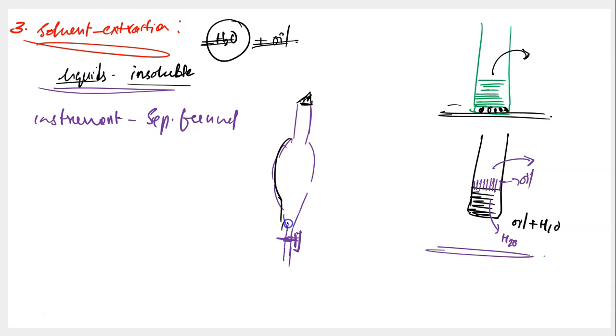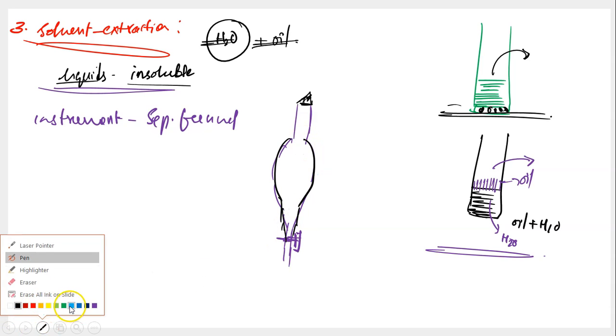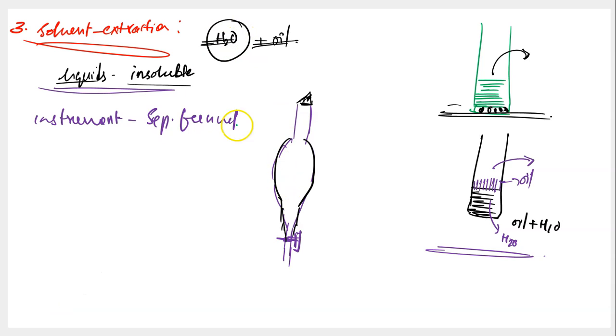In this funnel, first of all, you would have to fill in the mixture that you are talking about. Right here, the mixture is oil plus water. When you fill the mixture, the bottom layer will be water layer and the top layer will be oil layer.